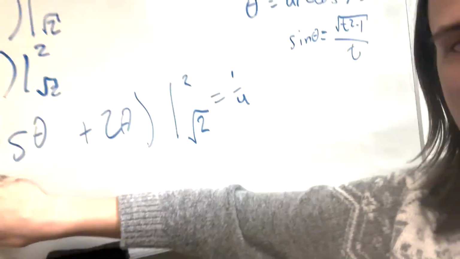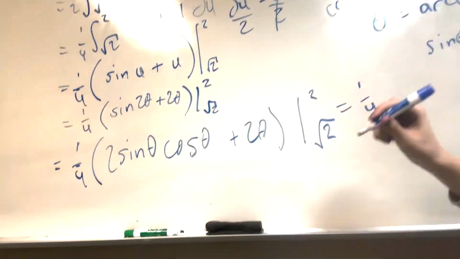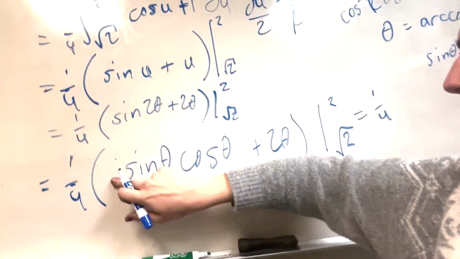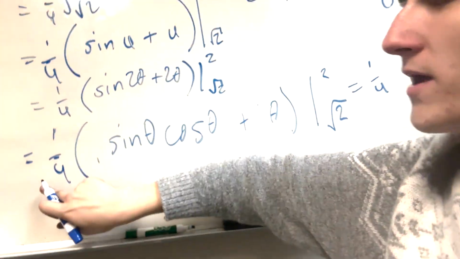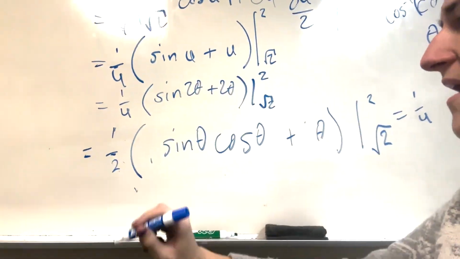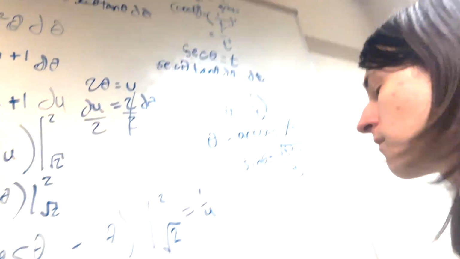So sine times cosine ends up, oh, also, something we can do here is both of these terms start with a 2, so this is our greatest factor. We can just multiply the whole thing by 2, which takes this from a 1/4 to a 1/2. That just makes it easier to look at and work with.